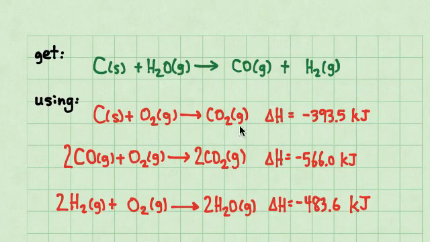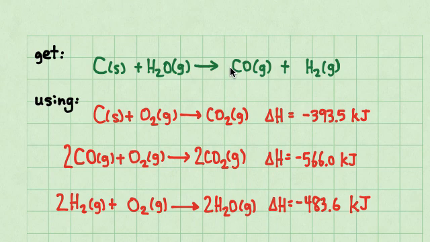I just rewrote it. In the next equation, I see carbon monoxide. And I look around and I see no other carbon monoxides other than my target equation on the right-hand side. So I'm thinking I may have to turn this equation around to get carbon monoxide as a product, so that's on the right-hand side. But not only that, there's a 2 in front. And that does make a difference, because if I have 2 carbon monoxides, there's twice as much heat associated with it as with 1 carbon monoxide.